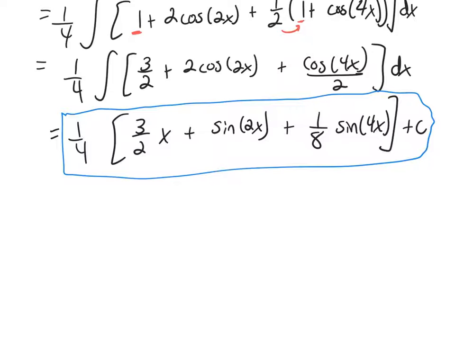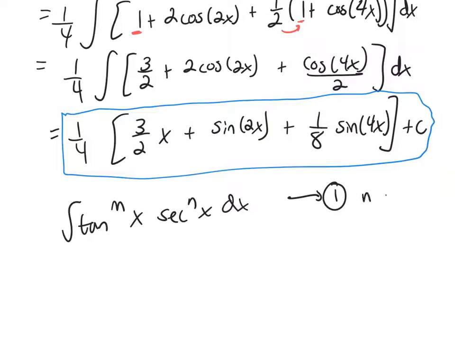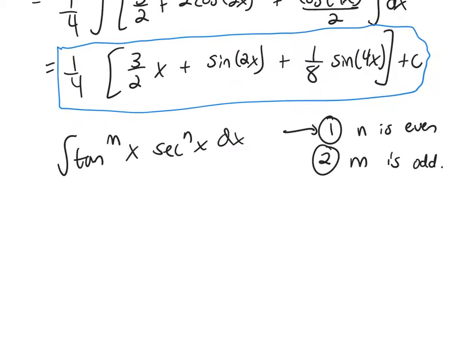So the next trig integral we looked at was tangent to a power and secant to a power. And remember, it's separated off into two different procedures based on if n is even or m is odd. I'm not going to go over those two different methods. We're just going to look at some examples here.